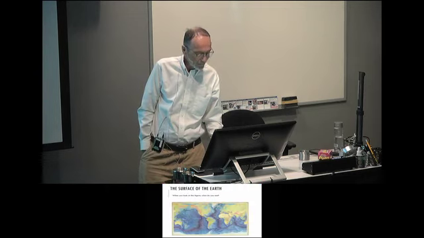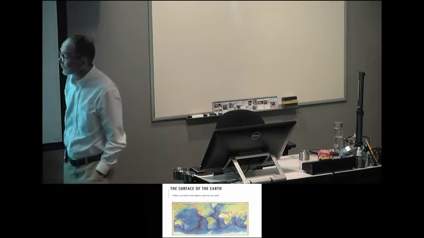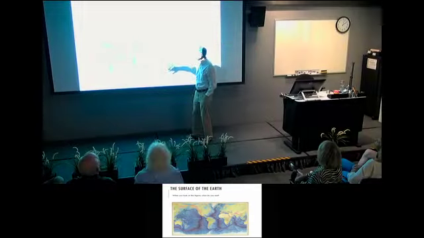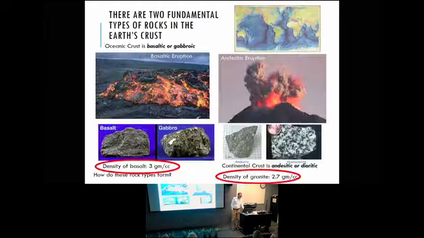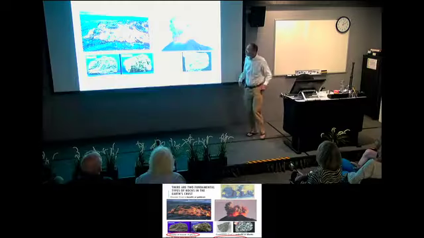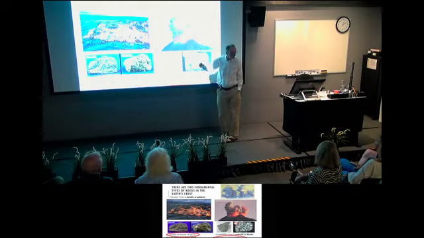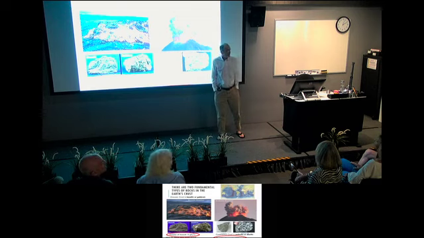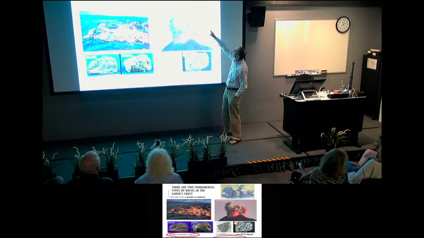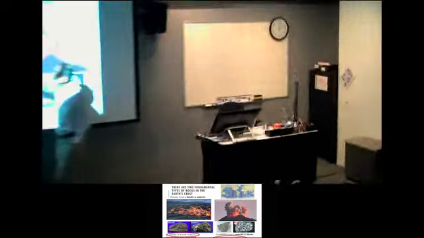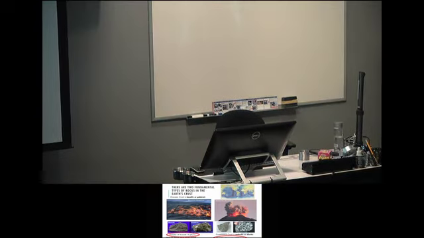All right, so reviewing days 1 and 2, we started off with this picture. We noted the two colors, the blue colors of the oceanic crust and the green colors of the continental crusts. And we said very grossly that the blue color in the ocean basins are underlain by these basaltic rocks, shown here.